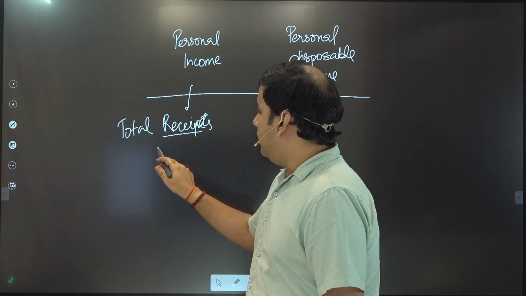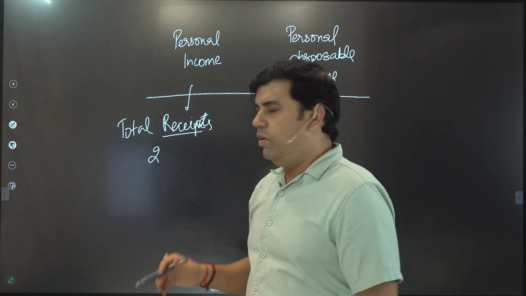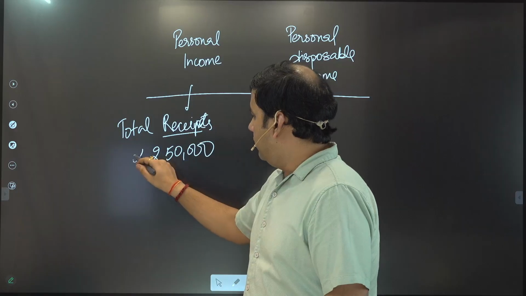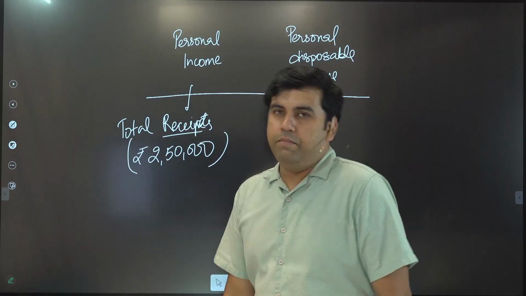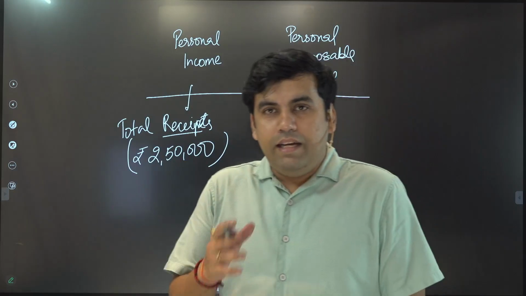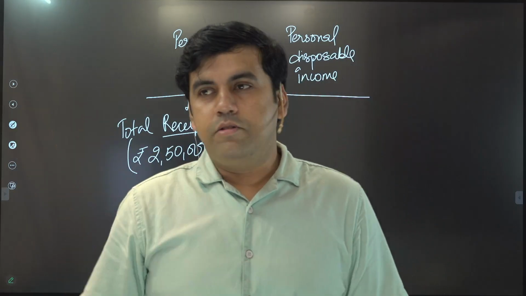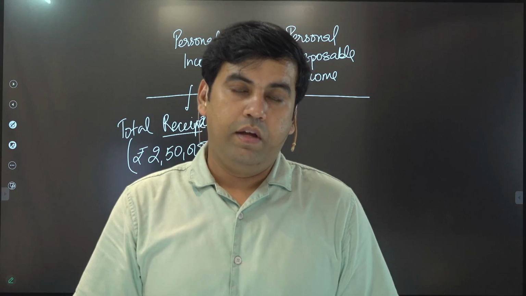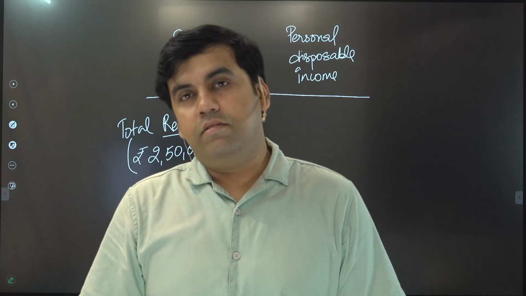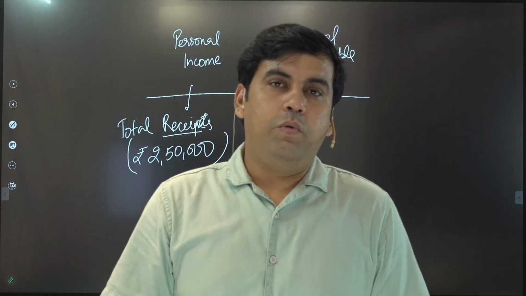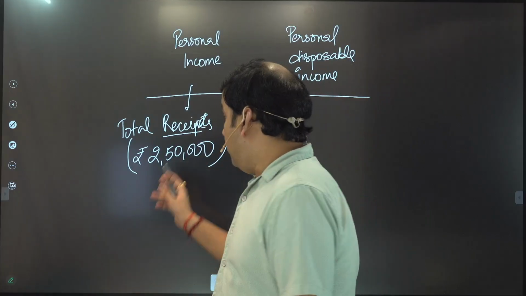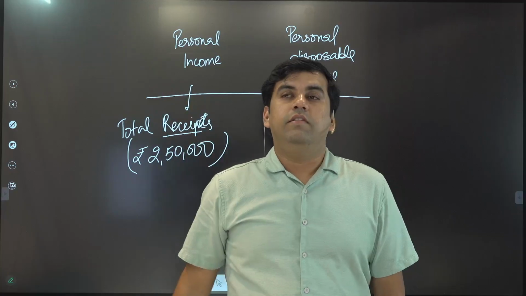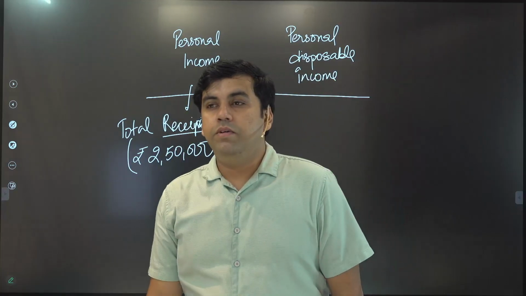Let's say I'm receiving 2,50,000 rupees a month. But is this the income that I'm ready to spend, considering my savings as zero? No. The moment I receive this, the income tax department is sitting somewhere in the corner saying, oh bro, we have an eye on you.